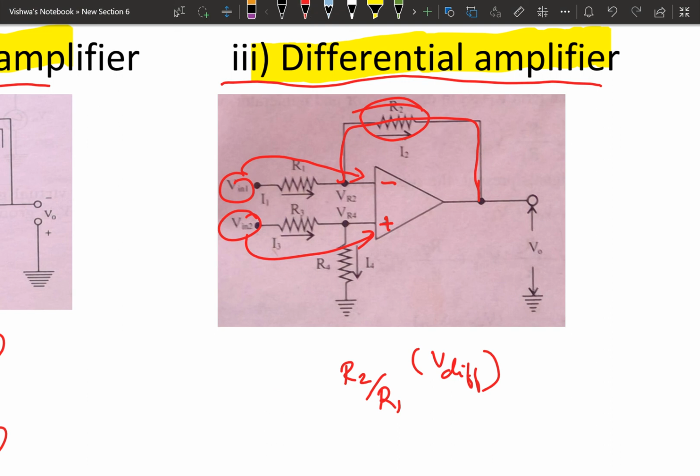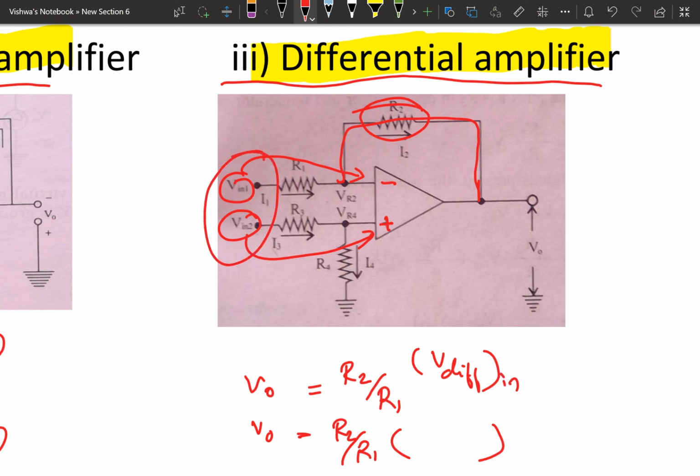It's not gain, it is output. After that we can find the gain. V out is equal to R2 by R1 times V difference. What is V difference? That is the input differential voltage between these two terminals, so that is V in 2 minus V in 1.